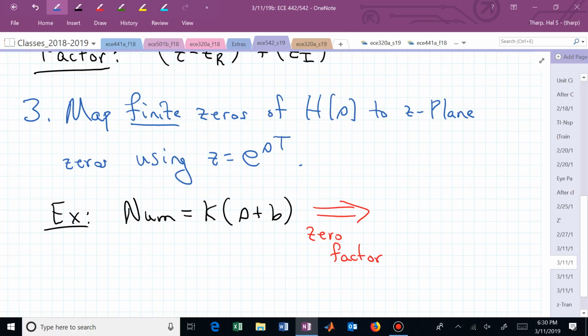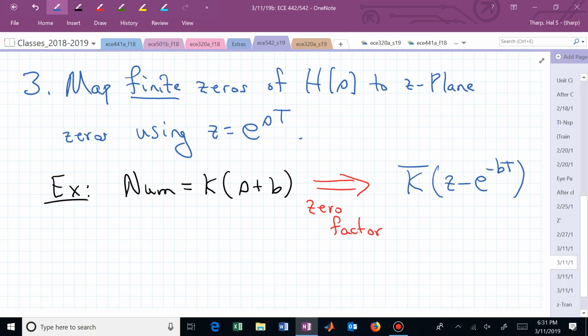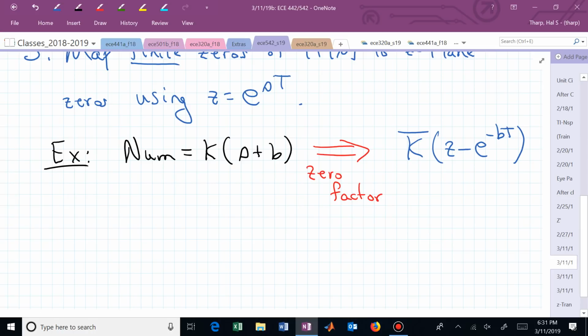If we just were worried about that piece, how would we move that into a discrete equivalent? That would be the 0 location. The 0 is at e to the minus bT. The gains now might be a little different, so let's just say it's a K bar. And K bar is yet to be determined. We would match that depending on where we were at. Let's now spend a little bit more time on this notion of infinite zeros.